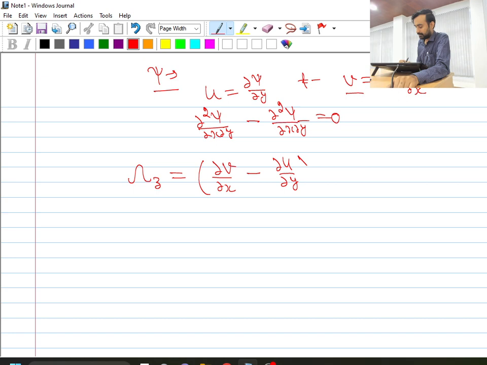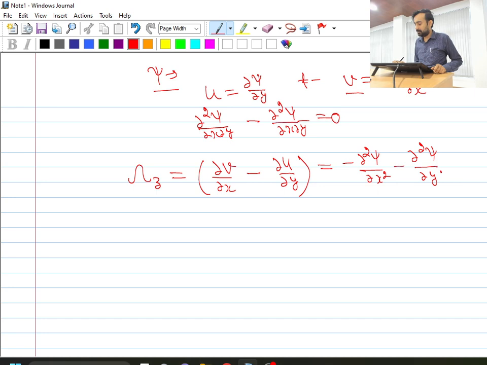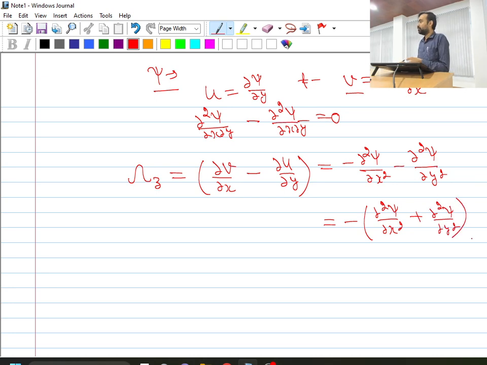del u by del y, which ultimately, if I now replace v with minus del psi by del x, becomes minus del square psi by del x square minus del square psi by del y square. Ultimately, I can take minus common. It becomes minus of del square psi by del x square plus del square psi by del y square, which is nothing but, for a 2D situation, minus the Laplacian of psi.